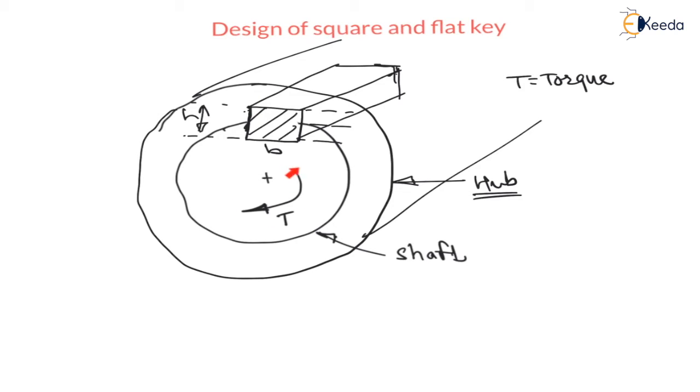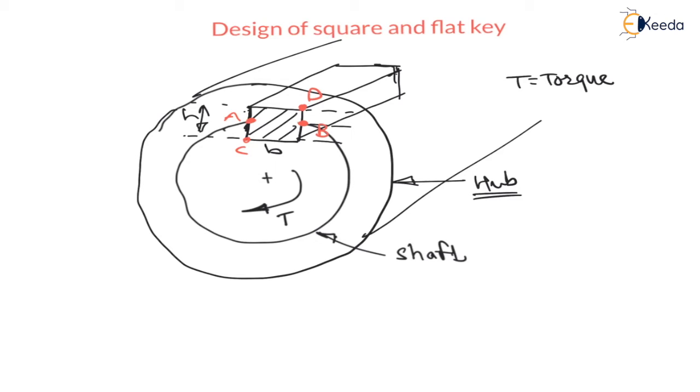Now as shaft is rotating in clockwise direction, therefore while rotating the shaft will apply force on this key, right? Like this we can see. Let us say here I will consider a point A, here I will consider B point, right? These are the points we have considered. Let us say here it is a C point, and here it is a D point, right?